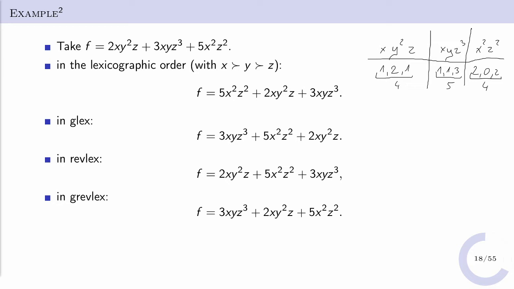The general rule of thumb is that the lexicographical order gives you the most possibilities as far as the possible computations go. So the most operations can be done with just the lexicographical order. On the other hand, the lexicographical order is usually the slowest one to compute.